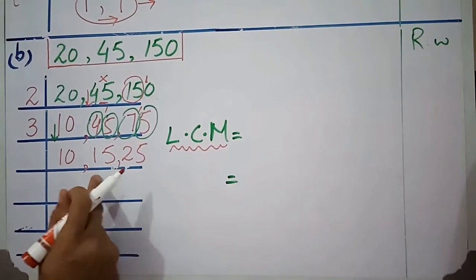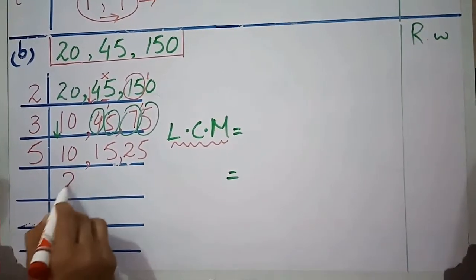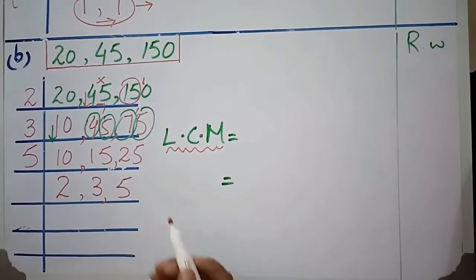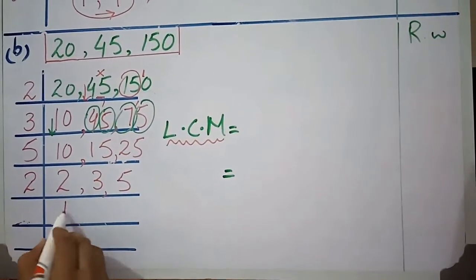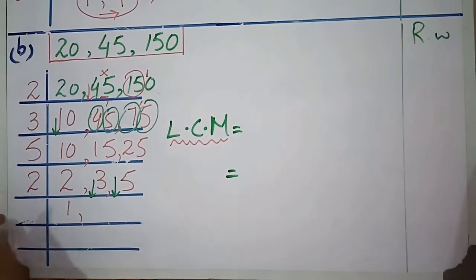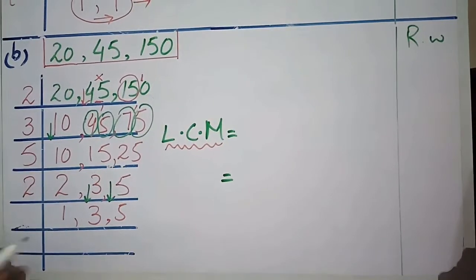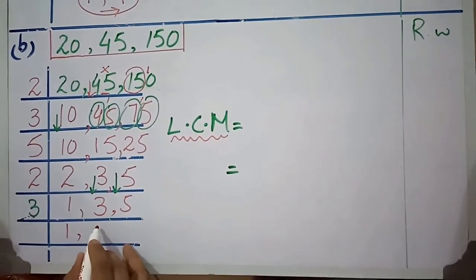Now these all are divisible by 5. 5 2s are 10. 5 3s are 15. 5 5s are 25. Now again we will use 2. 2 1s are 2, and we'll drop down these both numbers as it is. Next, 3 1s are 3.